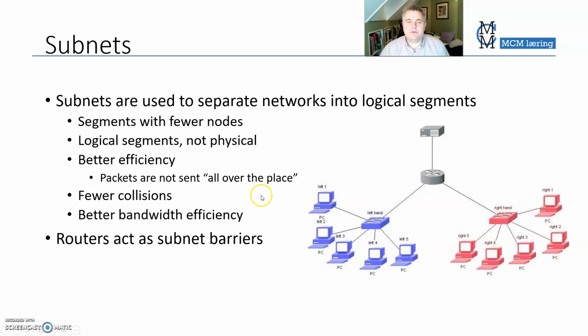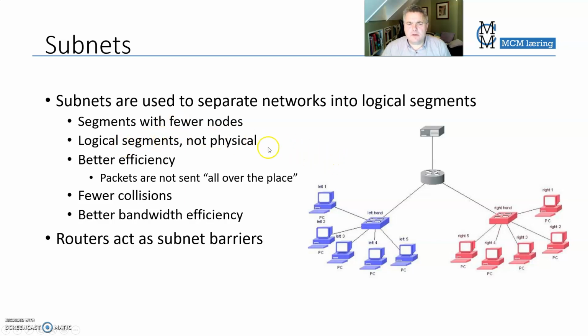So you can, for example, say that you have one group for the marketing department, one for the economics department, one for the management, one for the production department, and so on. And the idea is that you create segments with fewer devices or fewer nodes.